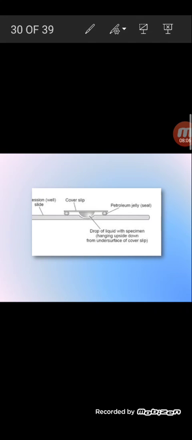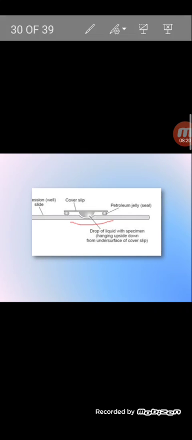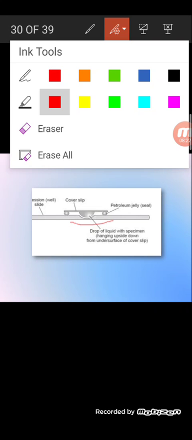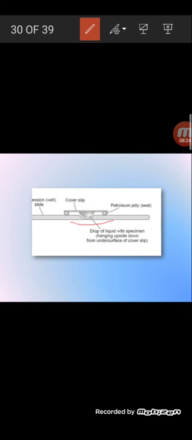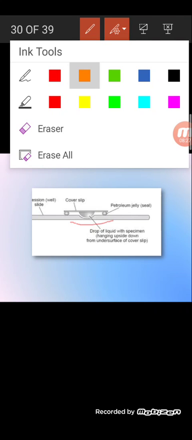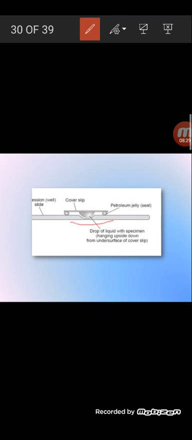So this is a depression glass slide, and our specimen in the drop, which is suspended from the cover slip, is this.